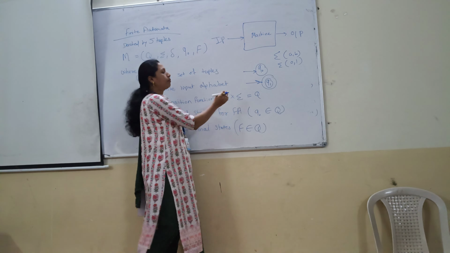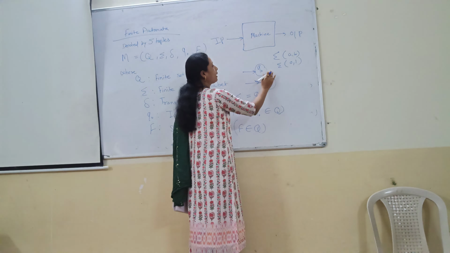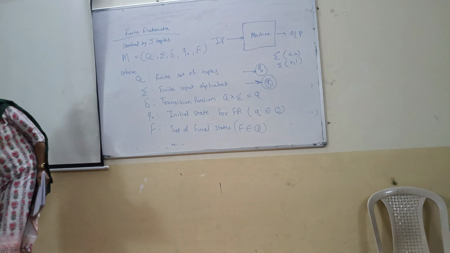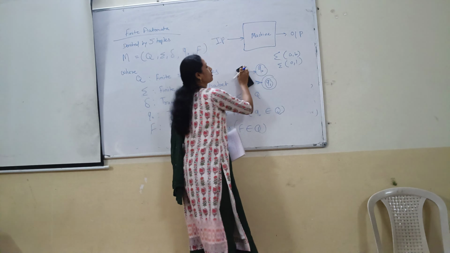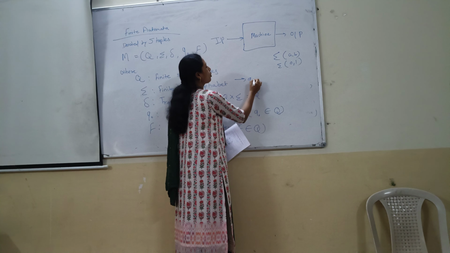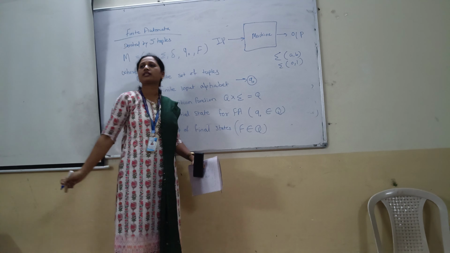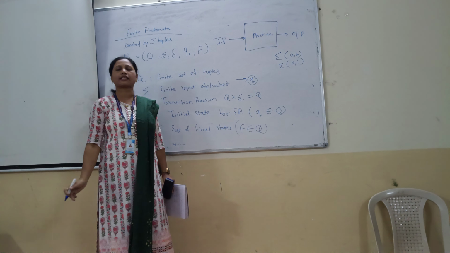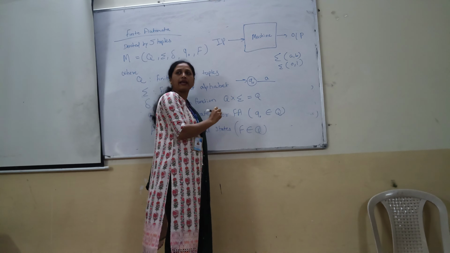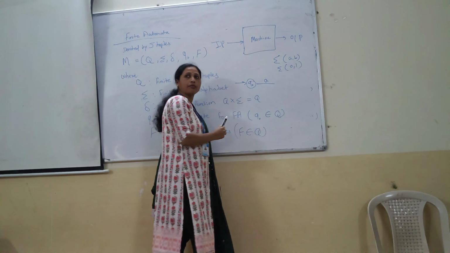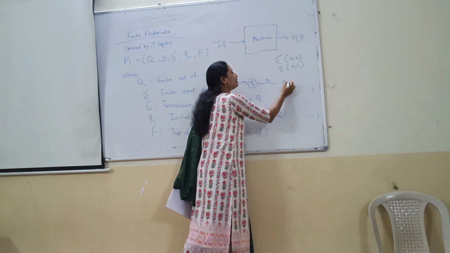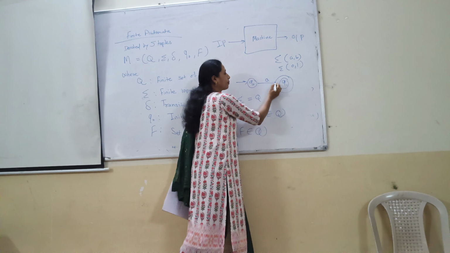So here, if this is the Q0 state, this is my initial state, starting state we can say. When I apply some input, for example sigma A, comma, B is given, at what state am I reaching?